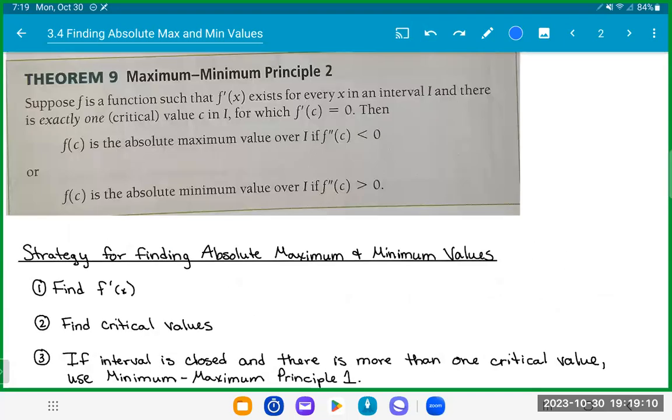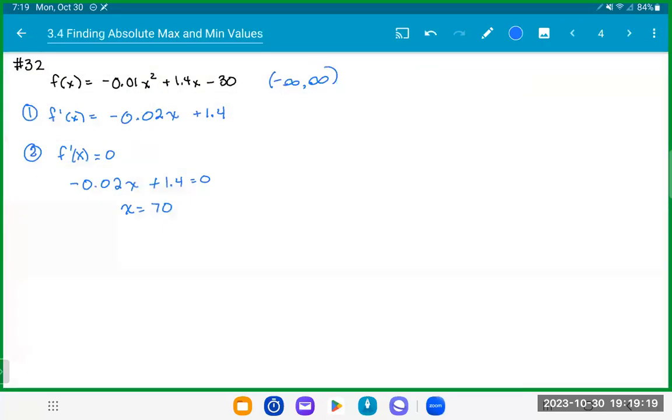That is telling us we have to do the second derivative to determine the maximum and the minimum. Okay, so now the next thing we want to do is calculate our second derivative. So our second derivative then is just negative 0.02. When we take the derivative of the first derivative, that's what we get, right?